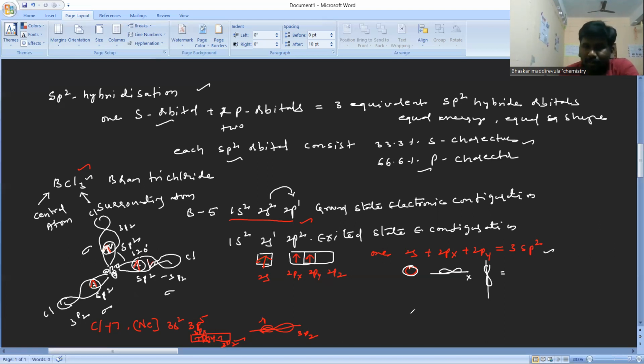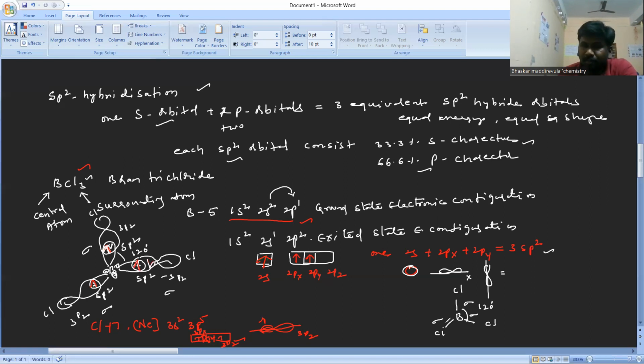The shape will be like this: boron makes three sigma covalent bonds with three chlorines with a bond angle of 120 degrees. Here all are bond pair electrons.